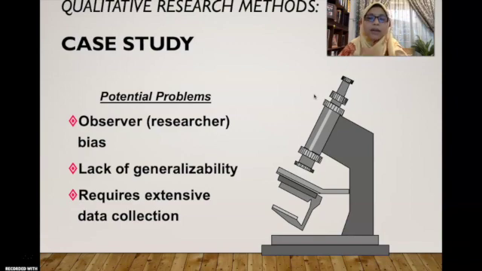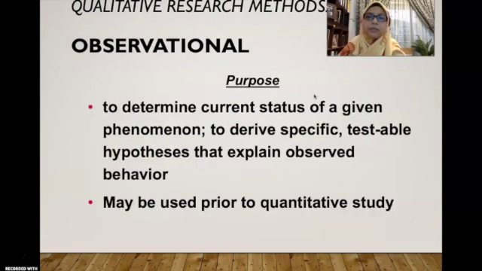Requires extensive data collection, because it's zooming. That's why I put a microscope here. From a broad perspective, you focus into a certain group or certain individual or certain environment. That is why it is called a case study. You have certain focus that you wish for in answering your research question.